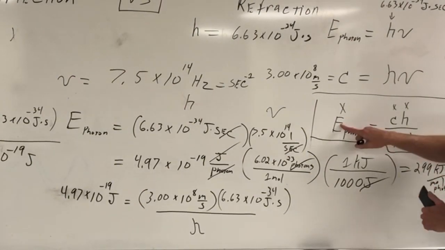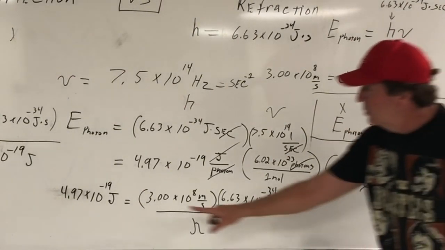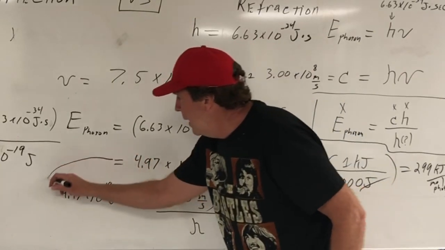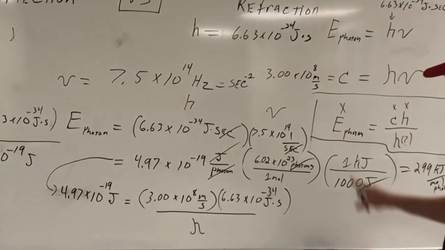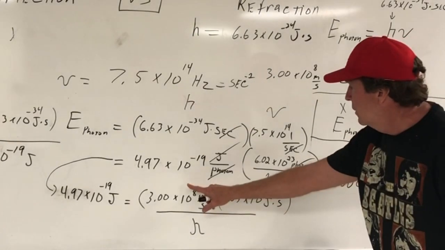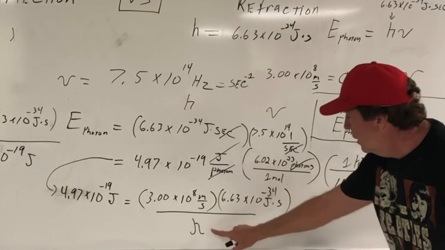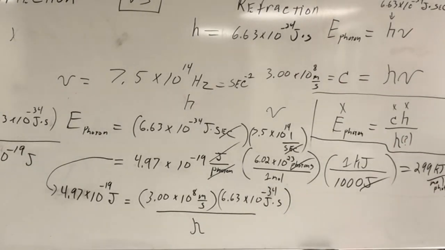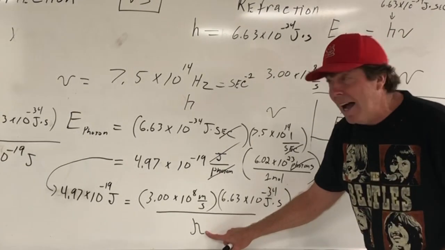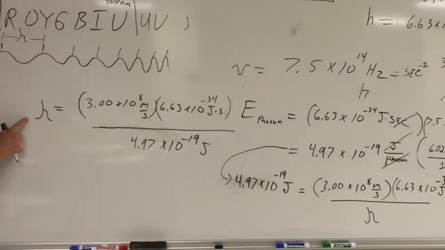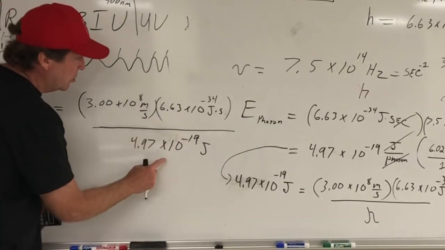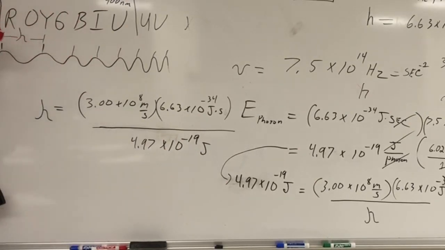So let's plug in what we know here. So here we go. There's my energy per photon. So that's my E value, then C, H, lambda. Let's rearrange algebraically. And we get to here. So notice wavelength equals C times H divided by the energy content per photon.